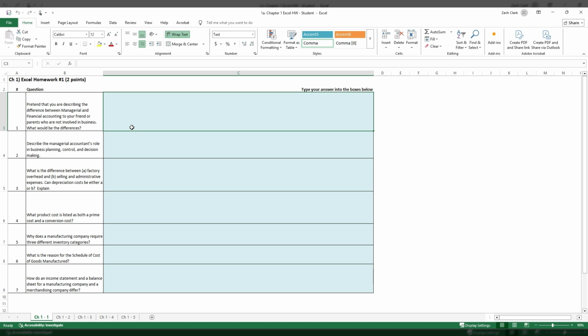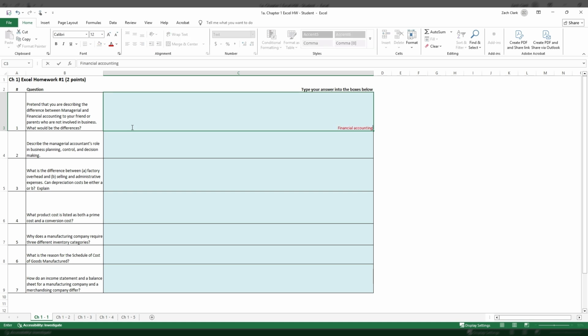Whereas managerial accounting is much more internally focused, less externally focused, and less bound by specific rules like generally accepted accounting principles, US GAAP, things of that nature. Really, in managerial accounting we're using accounting data to make decisions about business and make predictions, all those kinds of things. So let's put in a concise answer for all that.